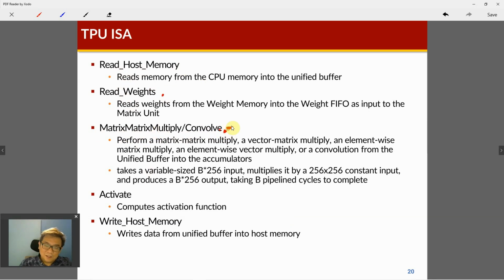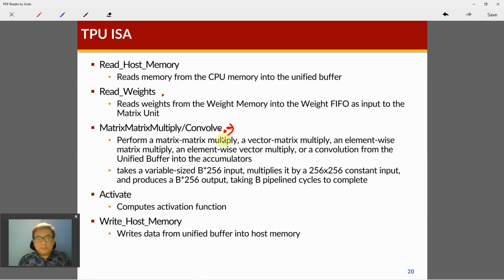These instructions execute the matrix multiplication. The TPU is just to support this large bunch of matrix multiplication, and that's it.